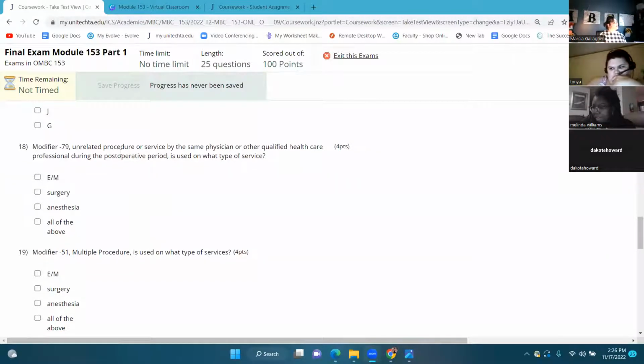Modifier 79, unrelated procedure or service by the same physician or other qualified healthcare professional during the postoperative period, is used on what type of service? If we look at modifier 79, I want you to look at the keyword.